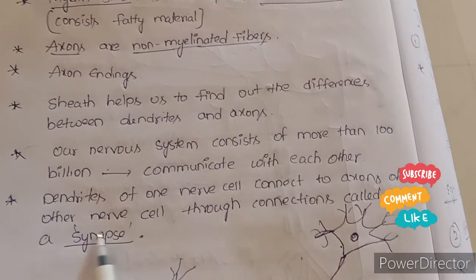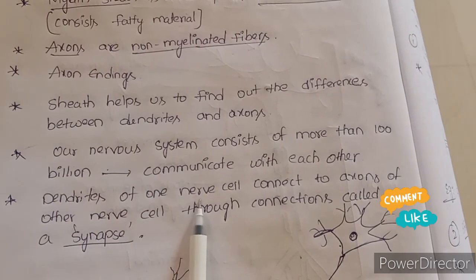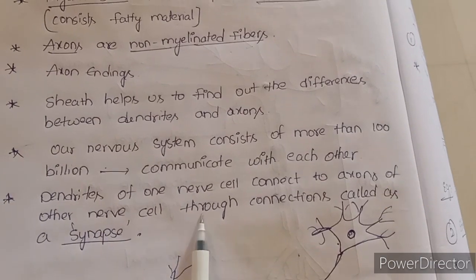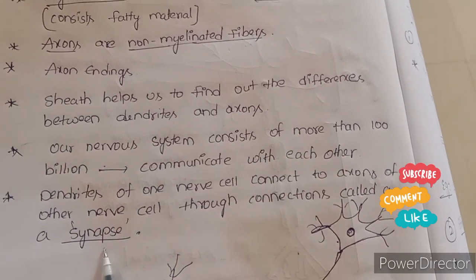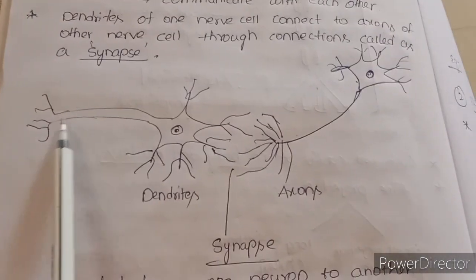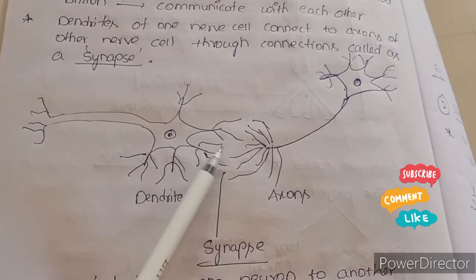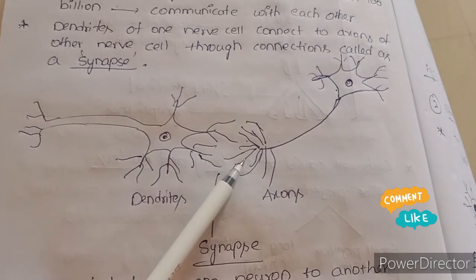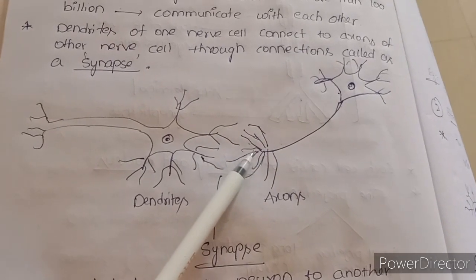We will see the synapse: this is one neuron, and this is another neuron. The dendrites of one neuron are connected to the axons of the other neuron.